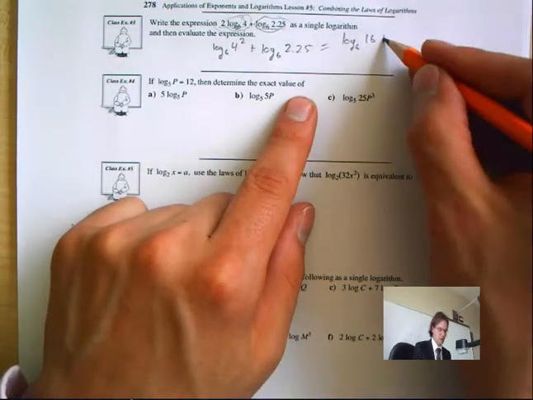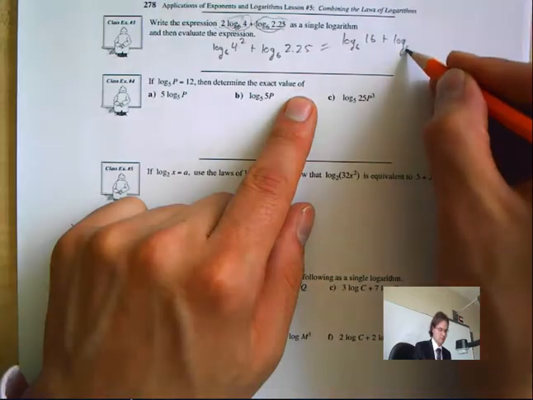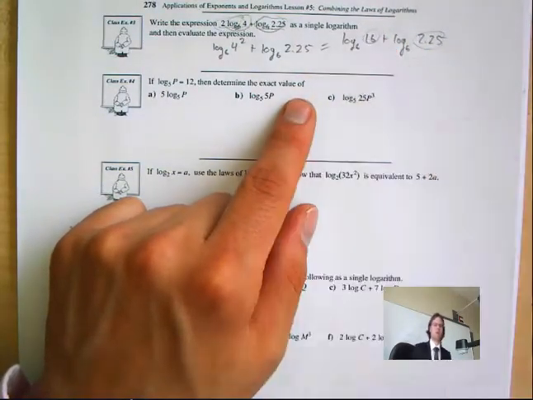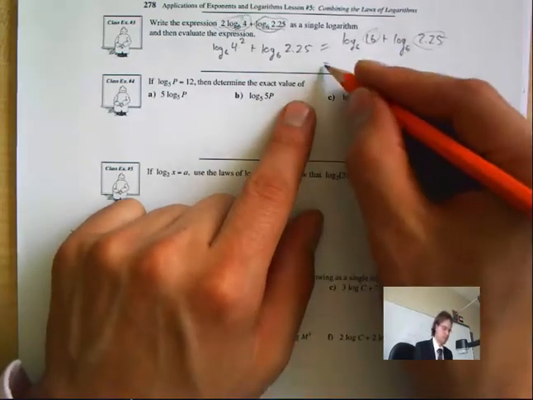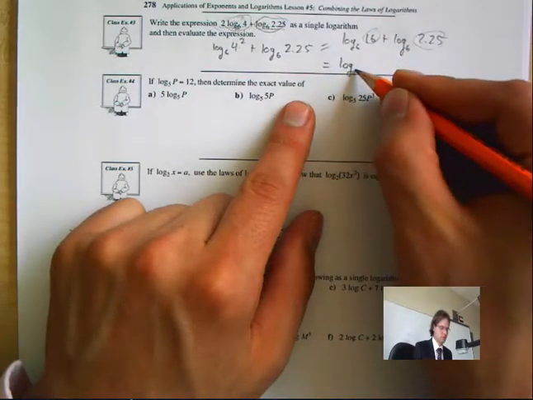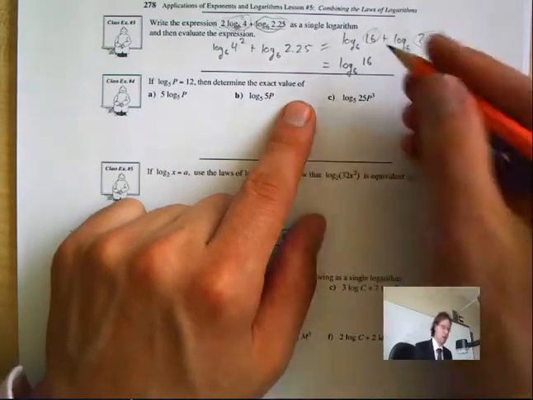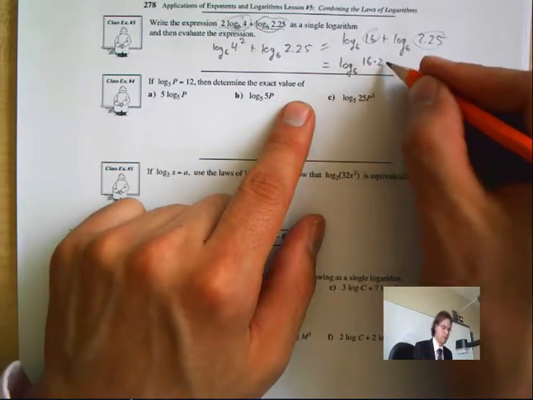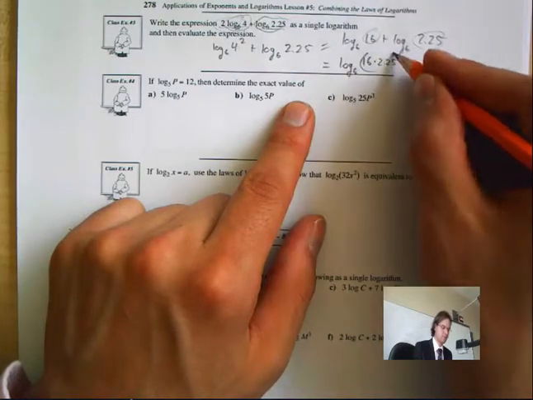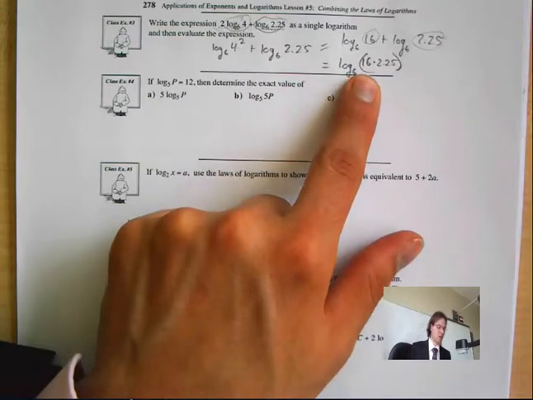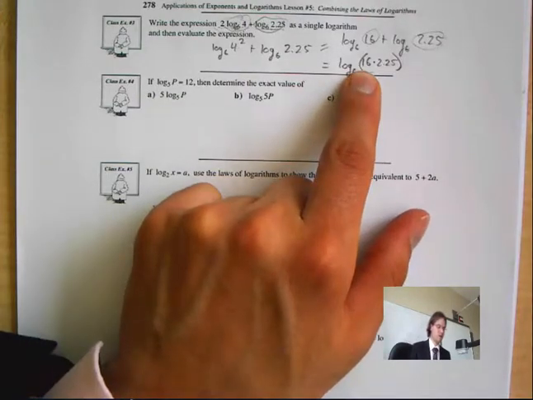And we have plus. Now when we add, that means we are going to multiply. It's the product rule. So I'm going to go 16 multiplied by 2.25. Okay? So that's going to give me a total of 36.